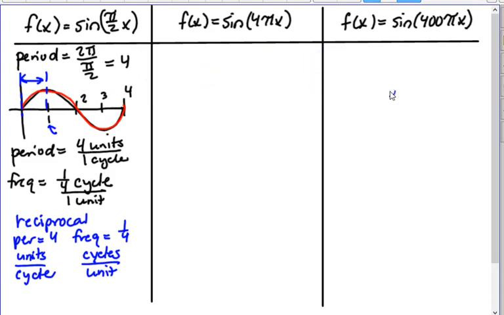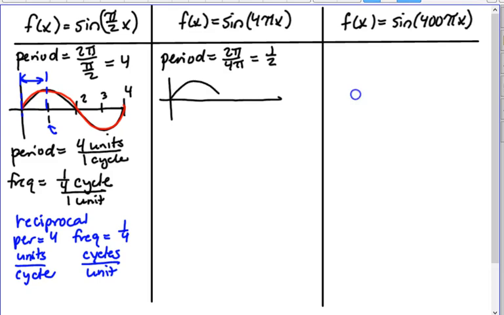So this next one, the period is equal to 2 pi over 4 pi, because now b is 4 pi, or 1/2. So this tells me then that the graph completes one cycle in 1/2 unit. Okay, so whatever those units happen to be.